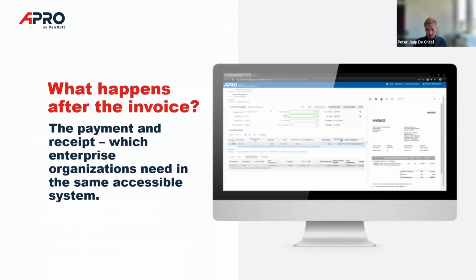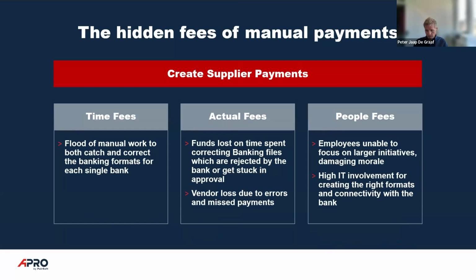So what happens? If you process the invoice, you still need to make a payment. And creating a payment can sometimes be time consuming if you have to do that all manually. If a payment batch comes in, you need to check if you have the right format for the right bank. And if the bank doesn't accept the format or something is wrong with the format, how do you fix it? You need to remove the format again. You need to create a new payment batch again.